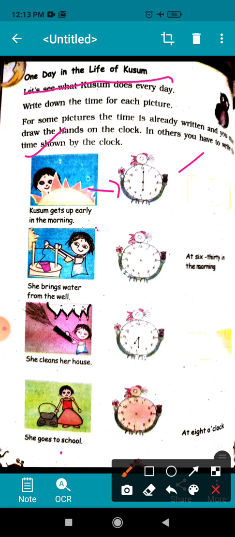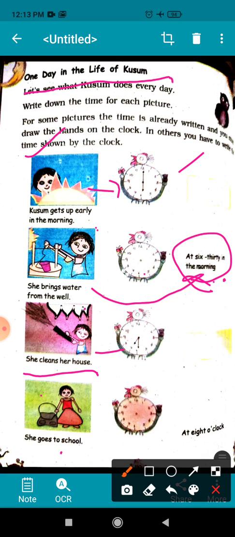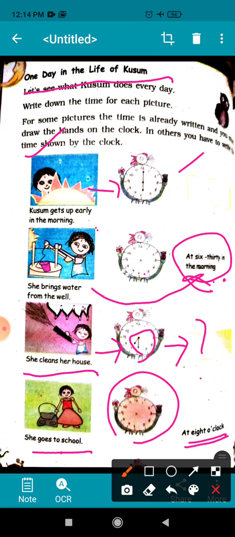She brings water from the well at 6:30 in the morning, and you have to draw 6:30 in this clock. Here she cleans her house at this time, and you have to write. How will you read it? She goes to school at 8 o'clock, and here you have to show it in the clock.